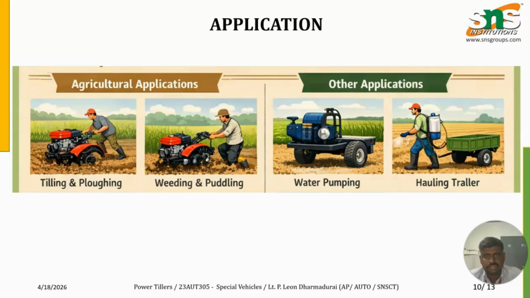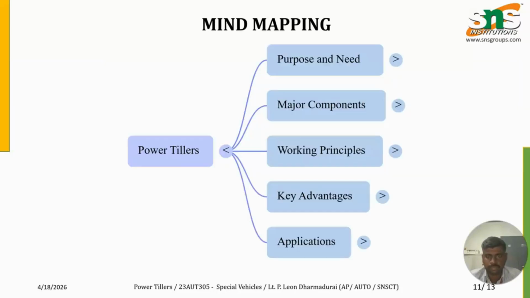For these different purposes power tillers can be used, and they can do all kinds of work that a tractor does, but on a small scale. Middle class farmers who cannot afford tractors can easily afford this and use it for agriculture purposes.